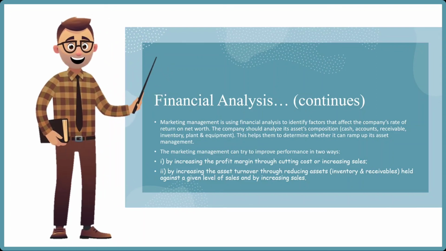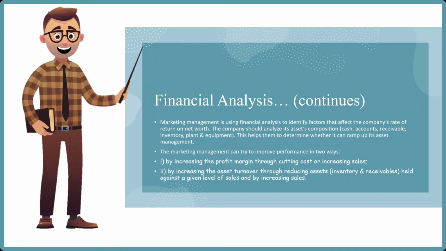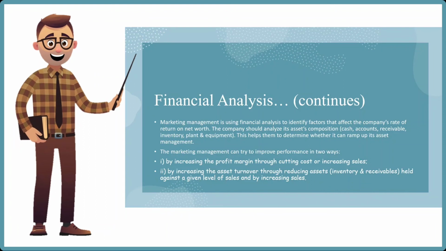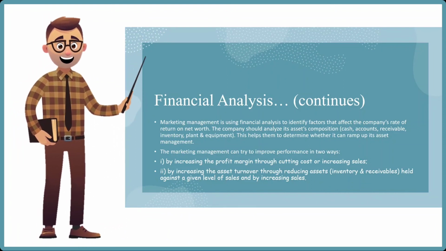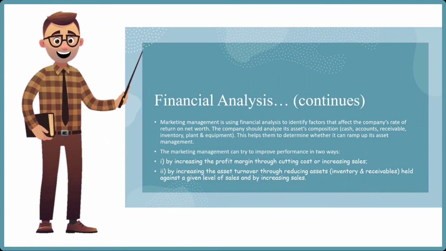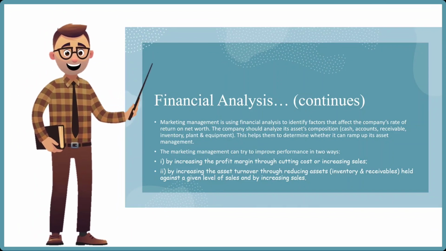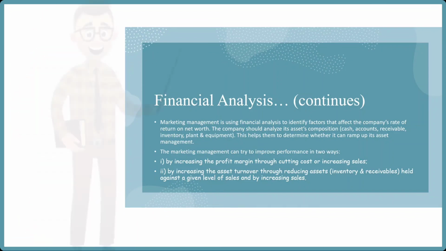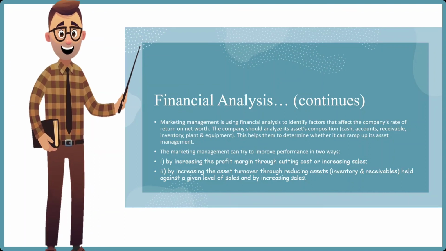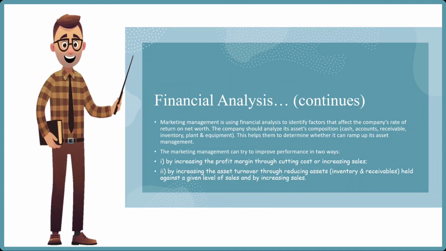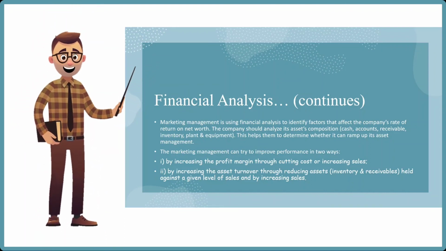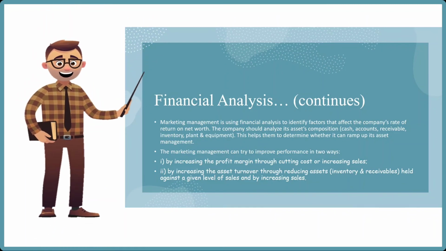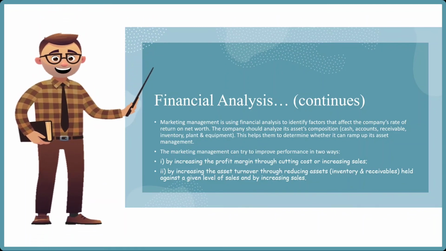The marketing management can try to improve performance in two ways: by increasing the profit margin through cutting cost or increasing sales, and by increasing the asset turnover through reducing assets, inventories and receivables held against a given level of sales and increasing sales.